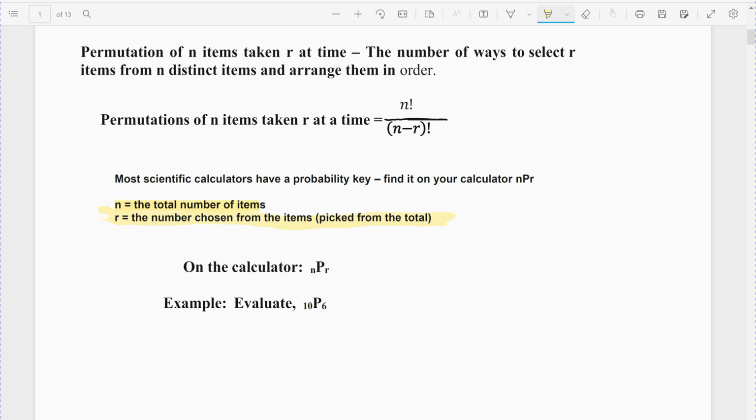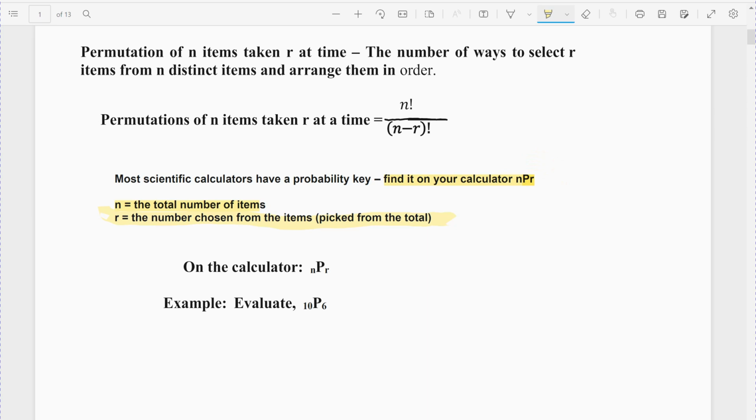Now the formula does use factorials. The formula is given to you on the formula sheet, although almost all calculators have a permutations key in it. If you have a TI-30, not TI-80, TI-30, there's a probability key, and the permutations key is labeled nPr. If you have a graphing calculator, it's on there too, under the probability key.